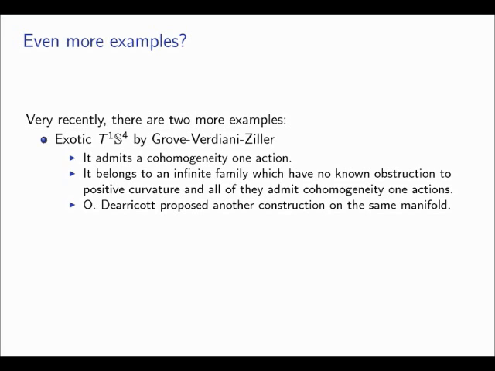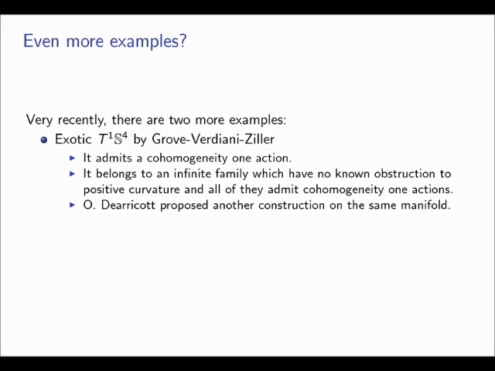The cohomogeneity 1 action: in the homogeneous space, you can go from one point to any other point, so the orbit of one point is the whole space. The cohomogeneity 1 action just means that if you look at one generic point, the orbit under the symmetric action is actually a hypersurface.